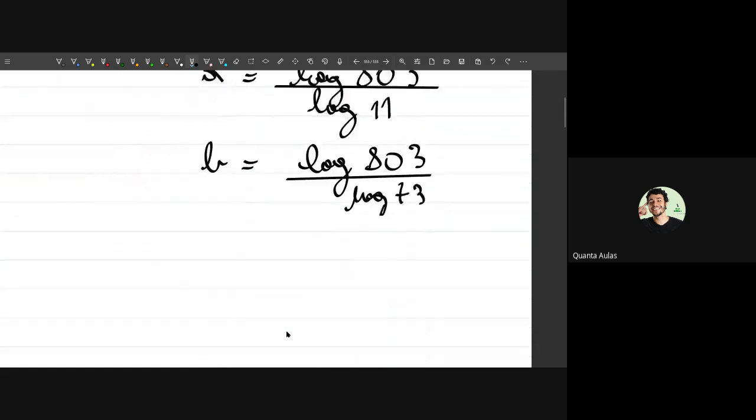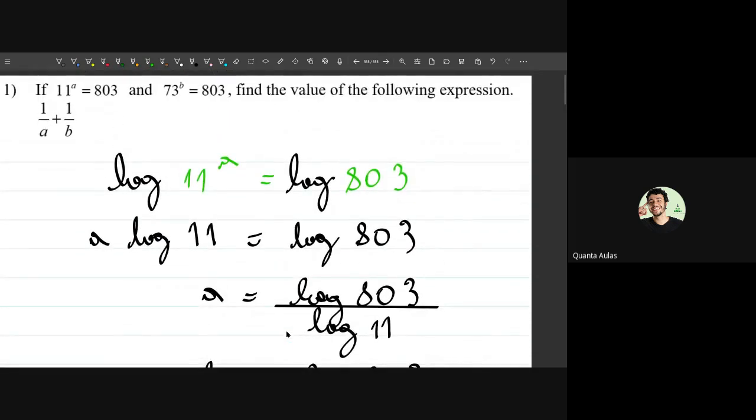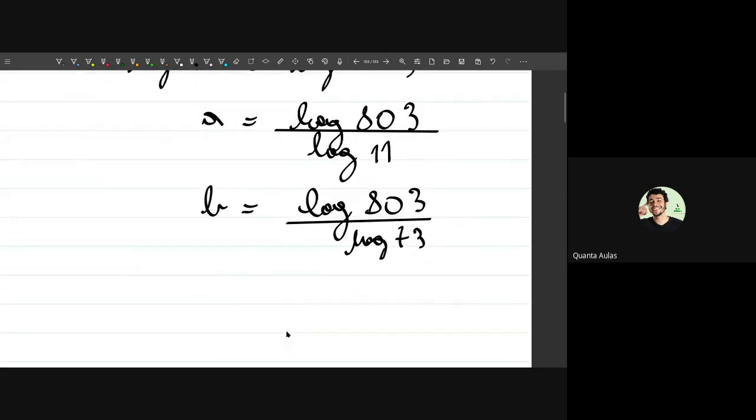If we have a fraction of a fraction, I will change the letters. This is the same thing as this. Do you agree with me? Yeah. Okay, amazing. Because we have fractions for A and B, we can use this idea. Our sum, oh my God, our sum will be log 11.